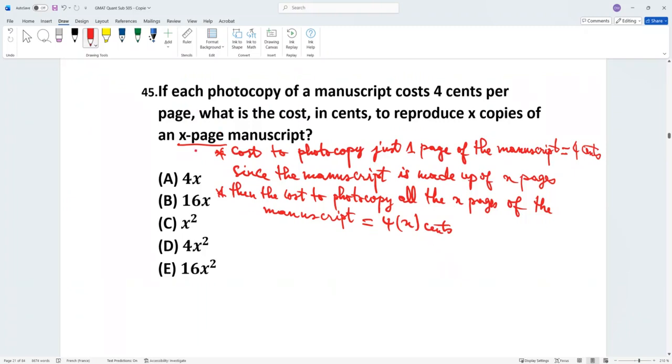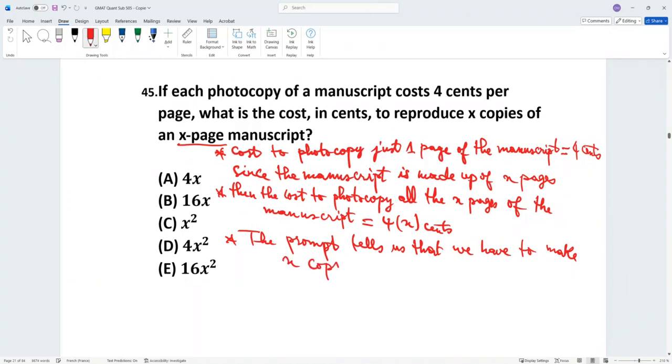And then the prompt gives us another piece of information. The prompt tells us that we have to make X copies of the manuscript.